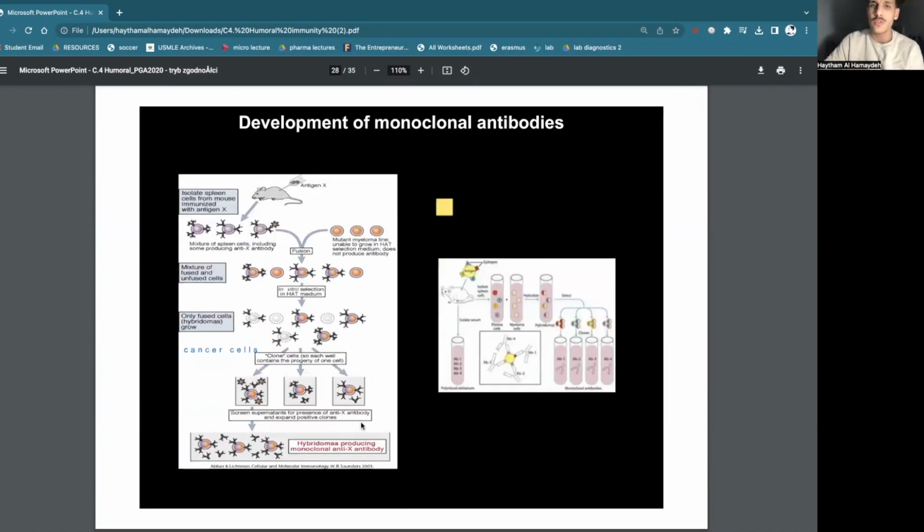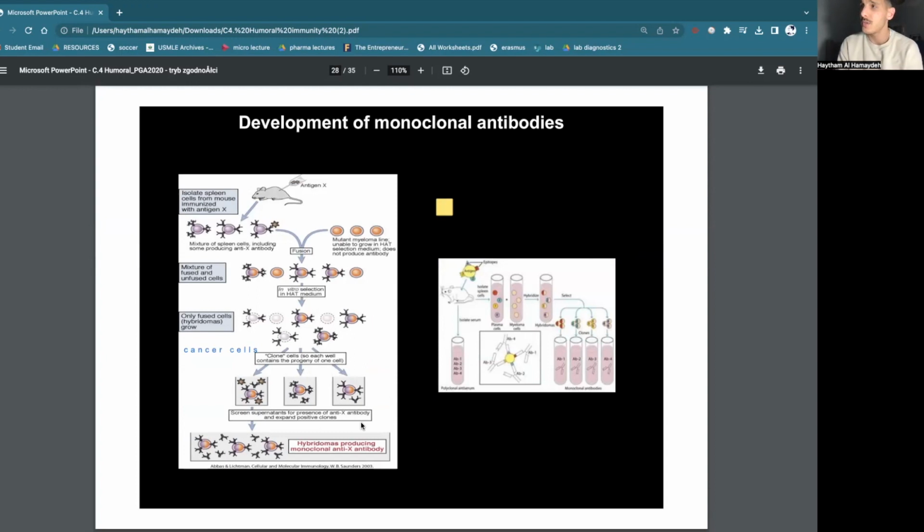So how can we produce monoclonal antibodies? We are going to be taking cells from the mice that we use for our experiment. We will take B cells that are able to produce antibodies, and we will take cells that are cancerous and fuse those two.